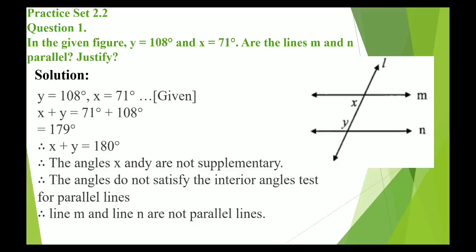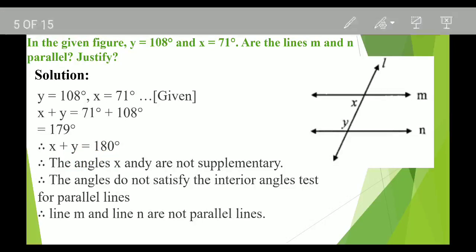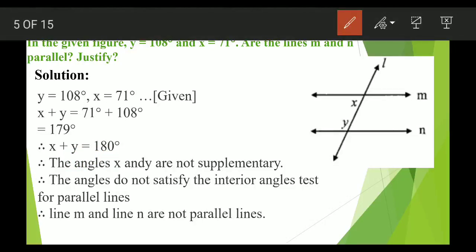Just now we have learned, if the interior angles are supplementary, then we can say the lines are parallel. So here suppose this is an interior angle x and y. When I do addition, I should get 180 degrees, but I am not getting 180 degrees. So x plus y is not equal to 180.